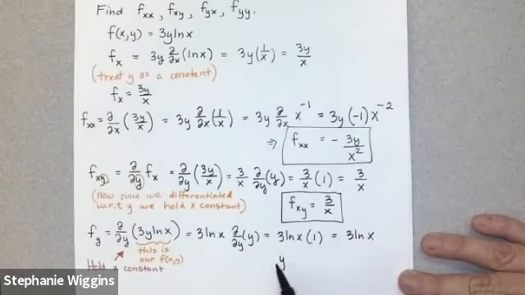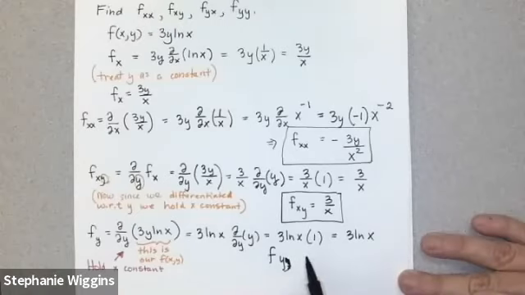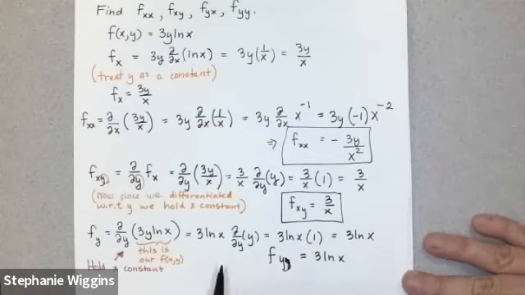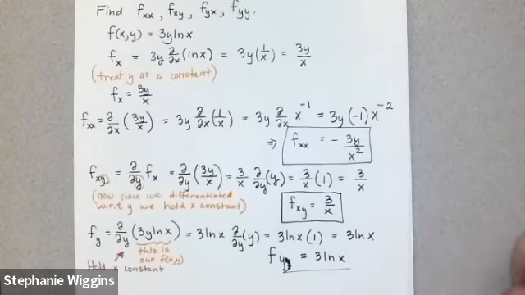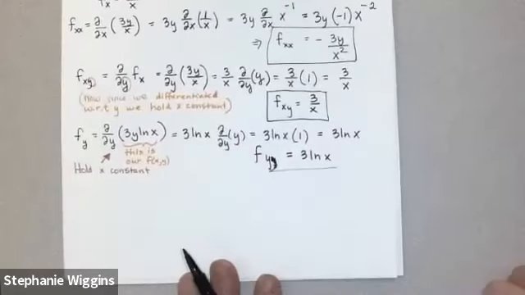So now we have found fy. Oh, no, this is just fy, not fyy. Fy is equal to 3 ln x. Now we're going to use this for finding the second order derivatives, okay?